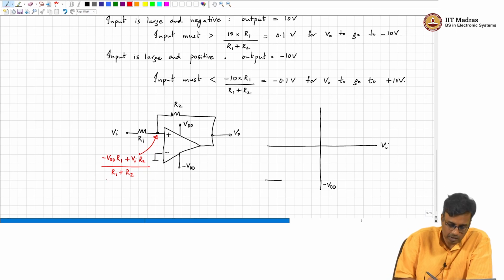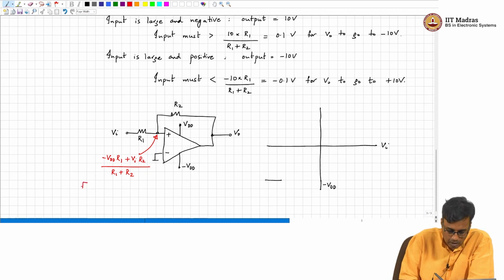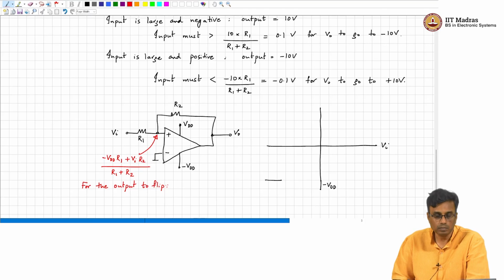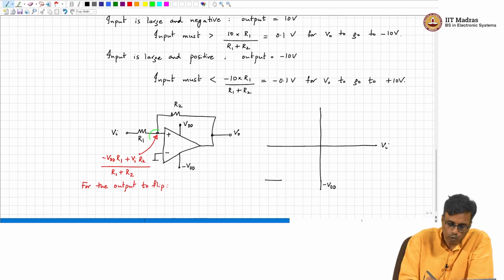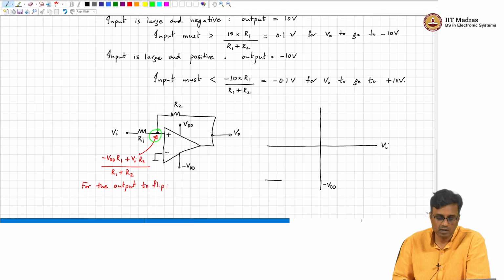So for this to flip, what should we do? This voltage must be greater than 0, right?